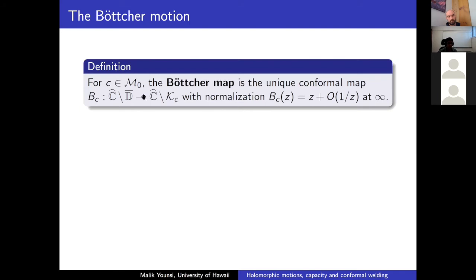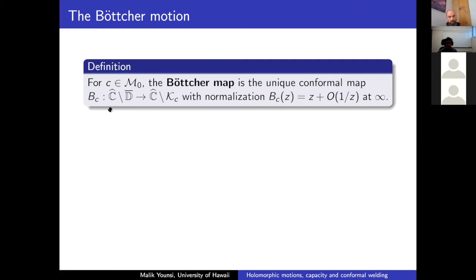I call this the Böttcher motion, or, well, probably it's called the Böttcher motion. So first of all, if you start with a parameter in the Mandelbrot set, then you can look at the Julia set. It's a Jordan curve. So you can look at the exterior of that Jordan curve. It's a simply connected domain.